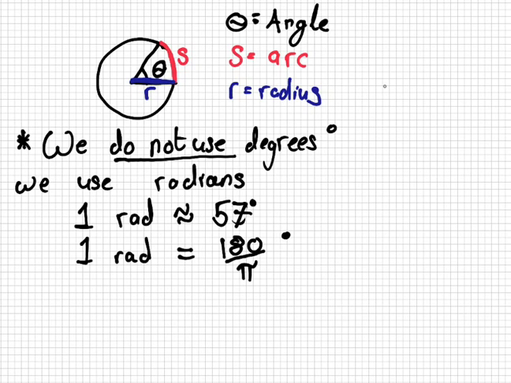You must use radians instead of degrees, just like we must use meters, seconds, kilograms, and so on. The reason is that the formulas we use only work if we use radians. Just like the ideal gas law, PV equals nRT, which you will do in chemistry and physics.